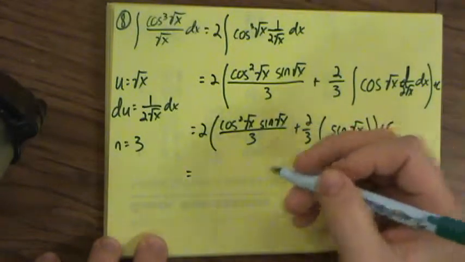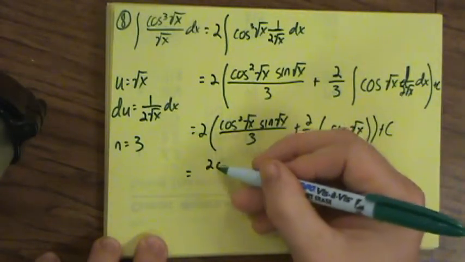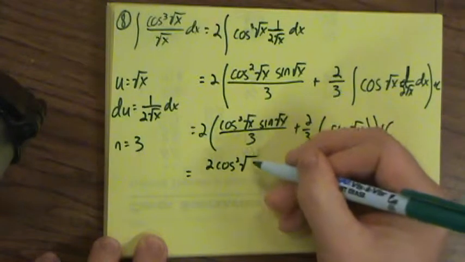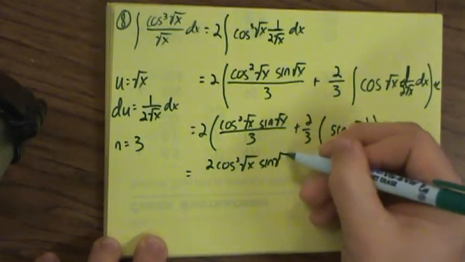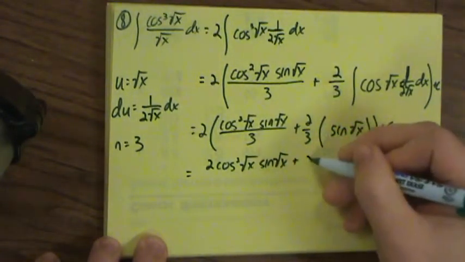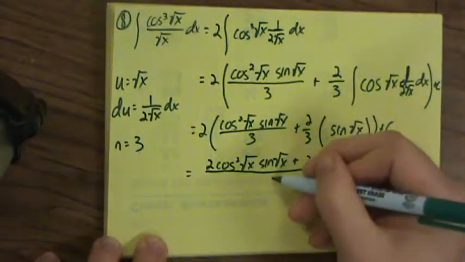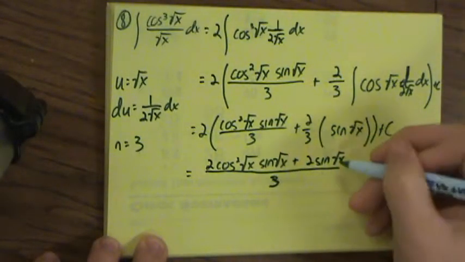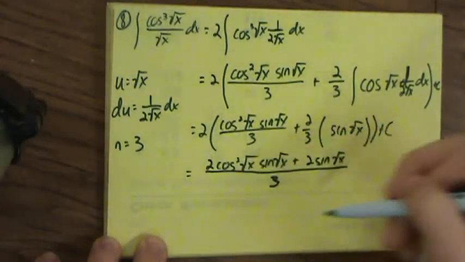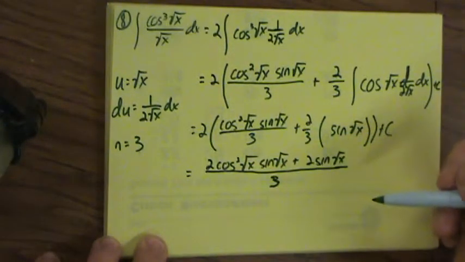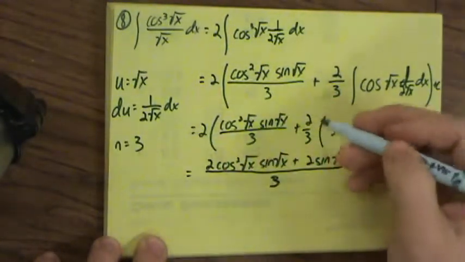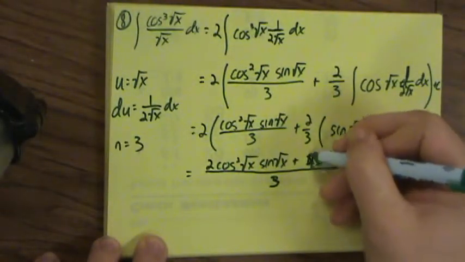So take a look at 2 times the cosine squared the square root of x times the sine of the square root of x plus 2 sine root x, all of this over 3. If you didn't quite follow that, you should pause this video and verify that this is true, okay? Except for this is 2 times 2, so this should be 4.